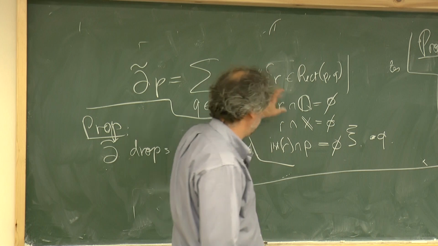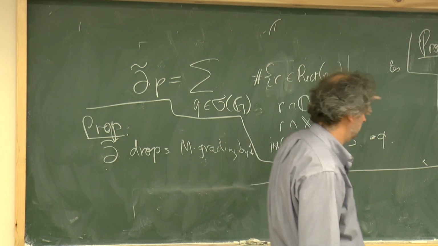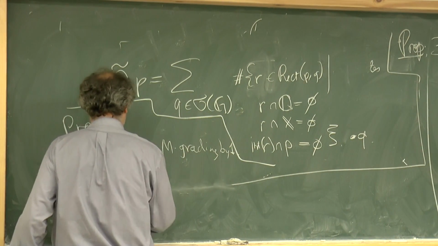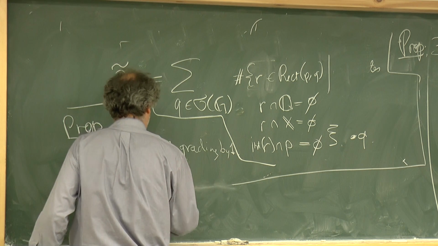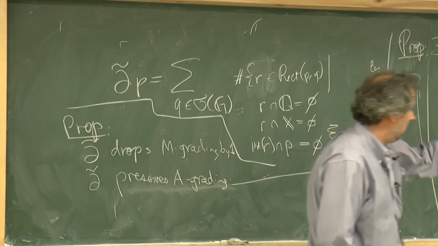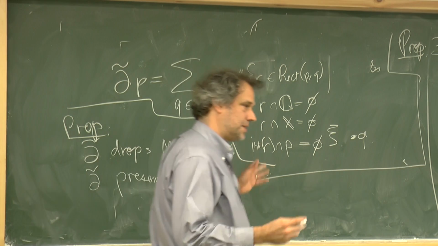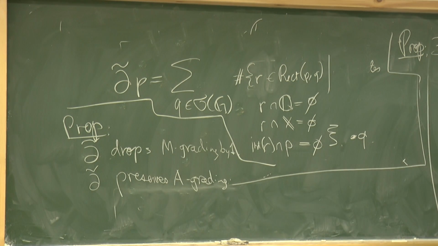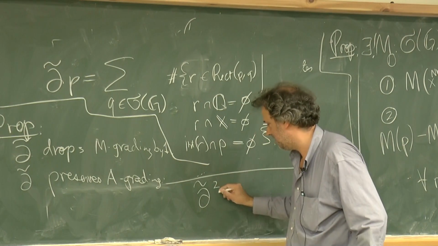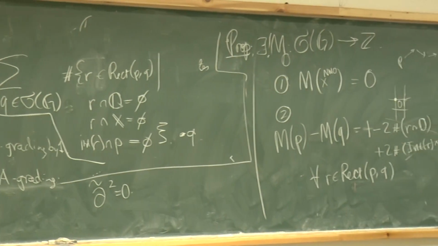That's because we're only counting O-less, X-less rectangles. So it drops it by 1. And also it preserves the Alexander grading, because all of our rectangles are also X-less. Okay? So what that tells you is that, well, okay. And now, of course, I should say the most important property, which is that D squared equals 0. It's a chain complex.